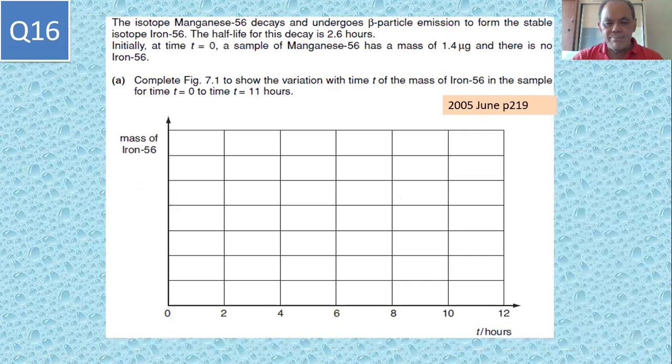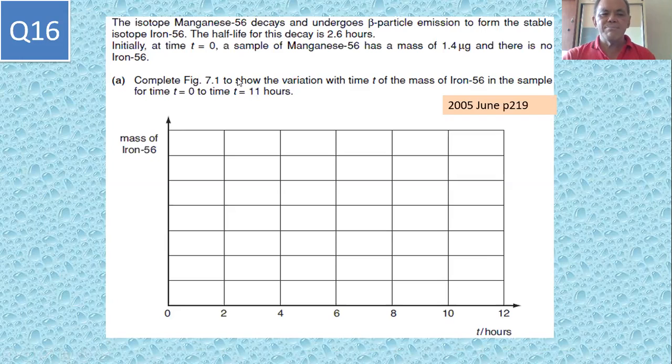Okay, sometimes they may ask you to draw. They say the isotope magnesium 56 decays and undergoes beta particle emission to form the stable isotope iron 56. Half-life is 2.6 hours. Initially, at time t equals 0, the sample of magnesium 56 has a mass of 1.4 microgram, and there's no iron.